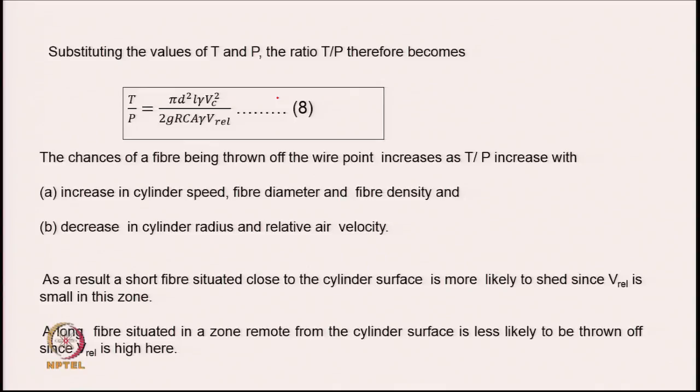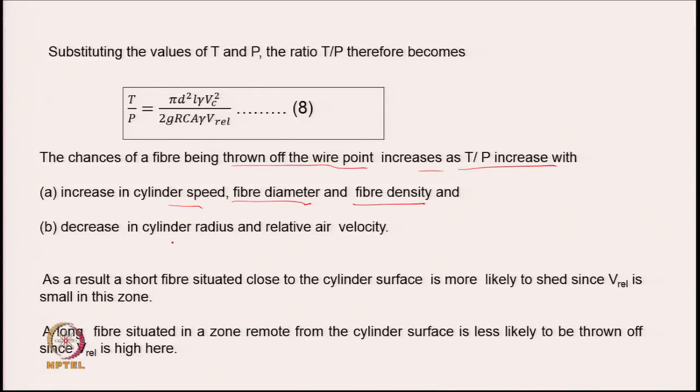Now, from here if we study this equation carefully, then we can make certain conclusions, that the chance of fibers being thrown away from the wire point increases as T by P increases. And when will it increase? If we increase the cylinder speed, because cylinder speed comes in the numerator, if we increase the fiber diameter, that is, if I go for heavier linear fibers or if I go for higher density fibers, then chances of fibers being thrown away will be more.